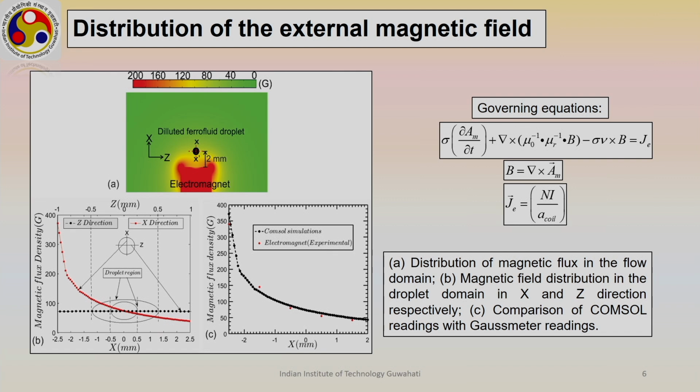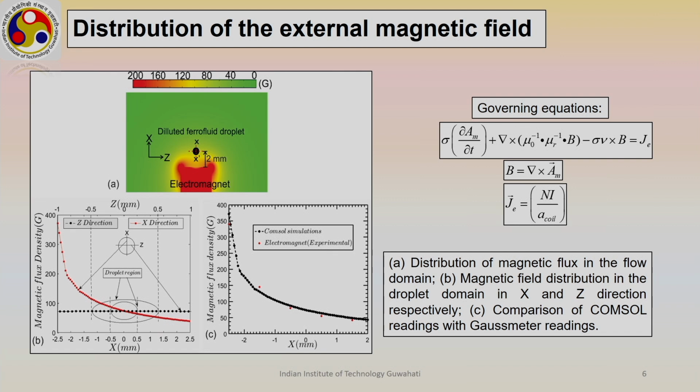This is just the numerical simulation we have used, because sometimes even for the experimental investigation we need to ensure that we can measure the magnetic field intensity. Magnetic flux density we have measured experimentally, because we are creating the magnetic field using an electromagnetic circuit. Using a Gauss meter we can calculate the change in magnetic field density.